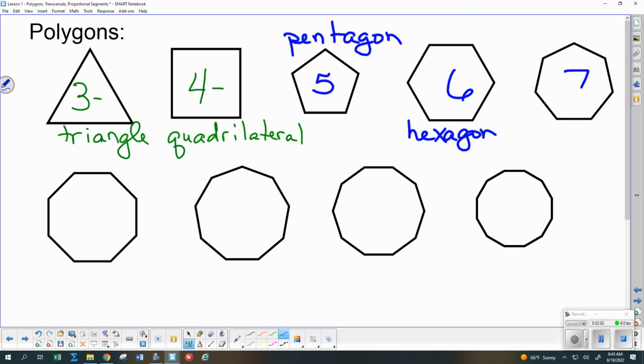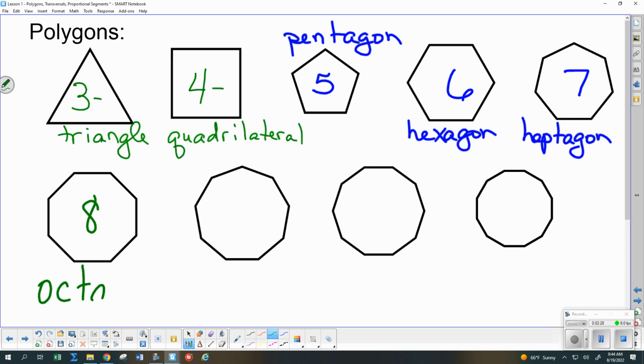This one has 7. Does anybody know what we call it with 7 sides? Shout it out. You're very close. It is a heptagon. And I forget which is which out of the hept and sept. One's Latin based and one's Greek based, and I'd have to look it up to remember which is which. I think everybody probably knows 8 sides.